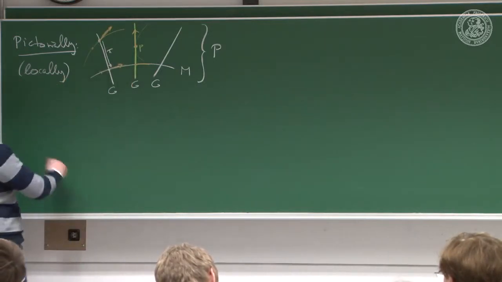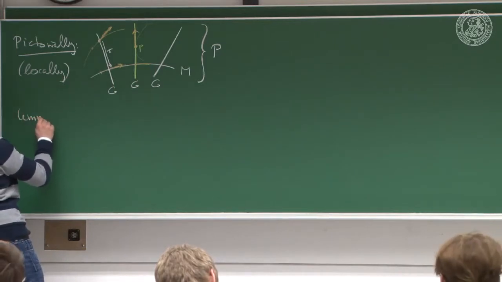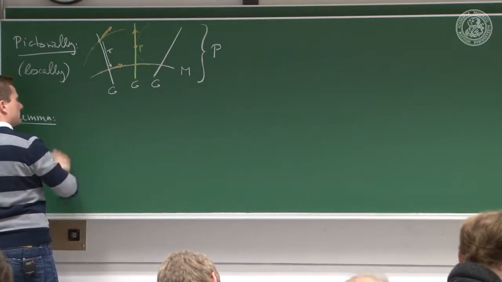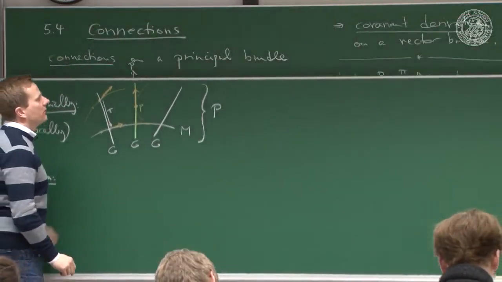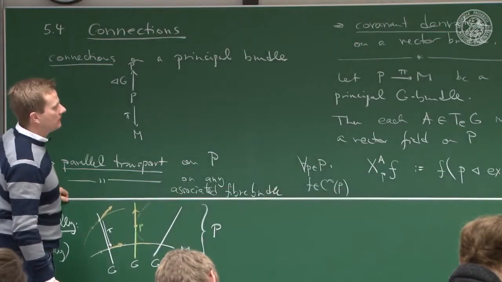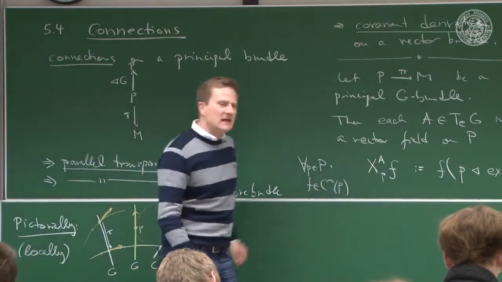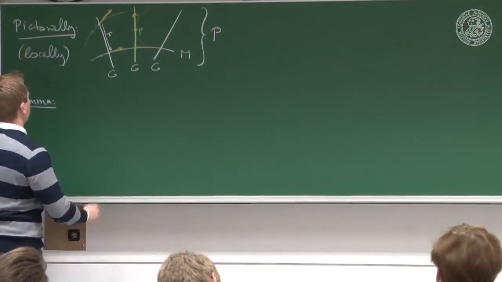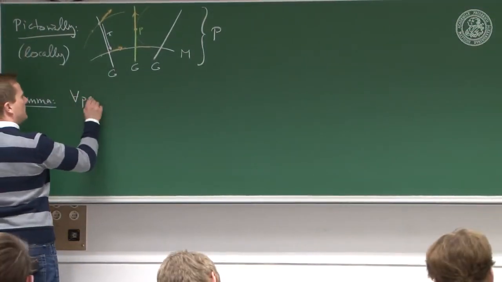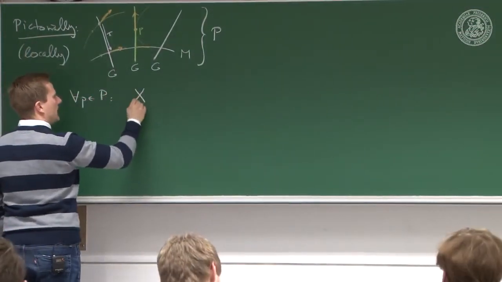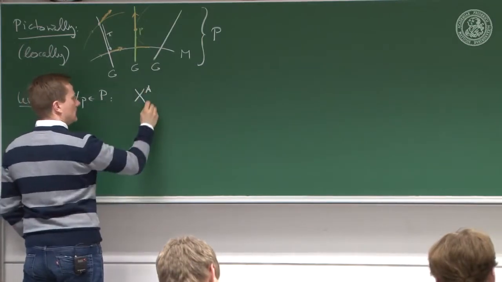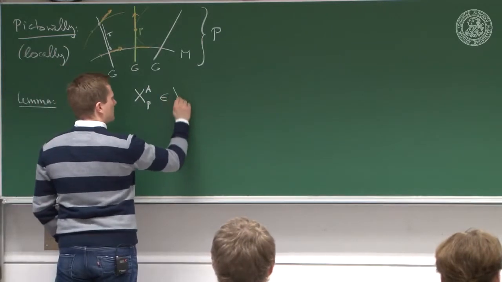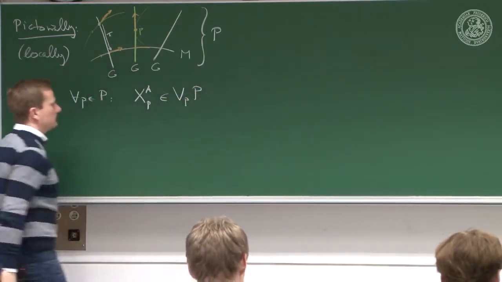Okay, so we have a little lemma, and that says that what we constructed before, this vector field X_A, so for every p in P, the X_A at p we just defined lies in the vertical subspace at p.